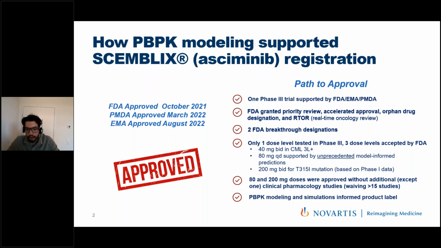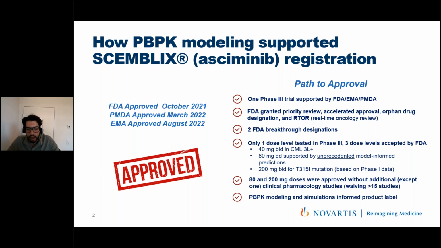Now, if we look at the path towards the approval of the drug, we had, of course, one phase 3 trial, which supported the NDA submission to FDA, EMA, and PMDA.